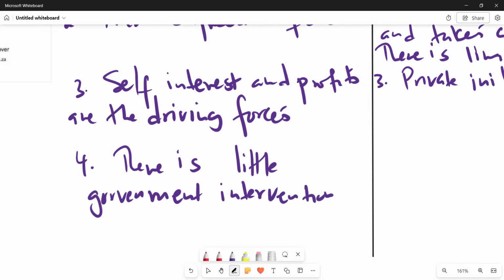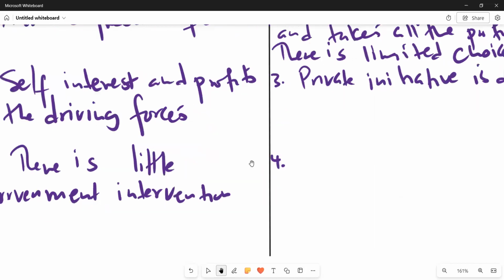But if you check under communism, you will see that there is full government intervention. We are going to notice full government intervention under communism.